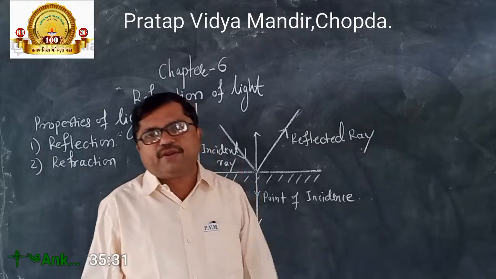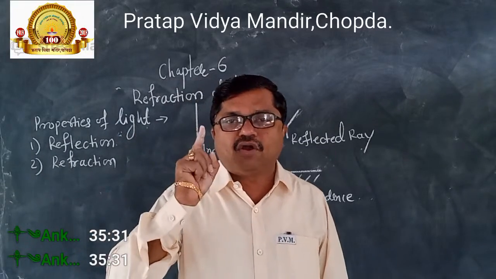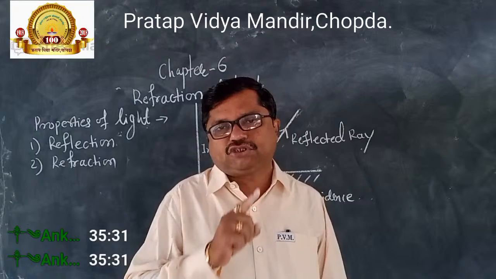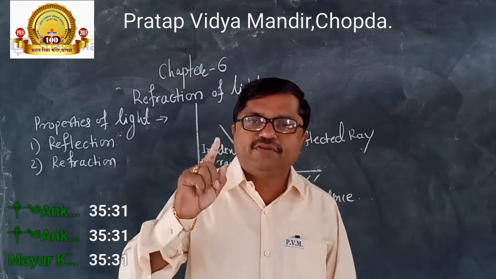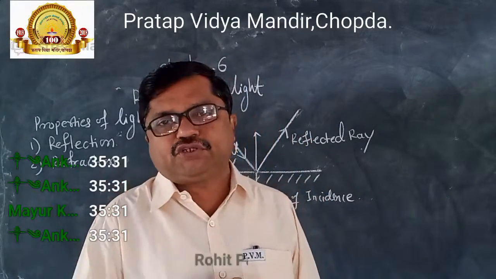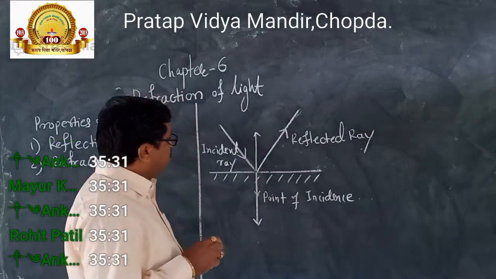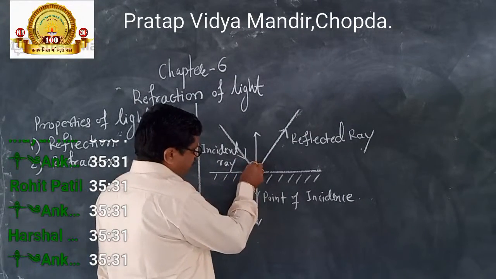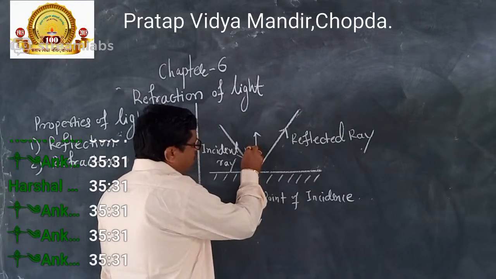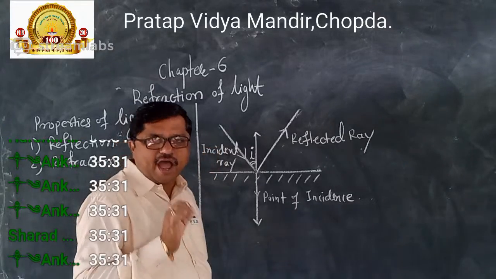Before the third law of reflection, you must know what is angle of incidence and angle of reflection. The angle of incidence is this. It is shown by a small letter i.